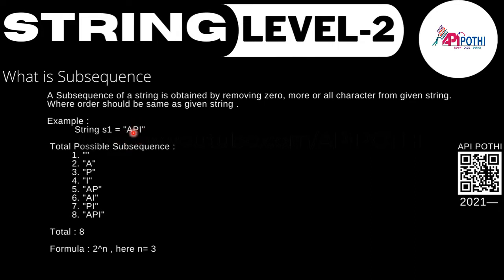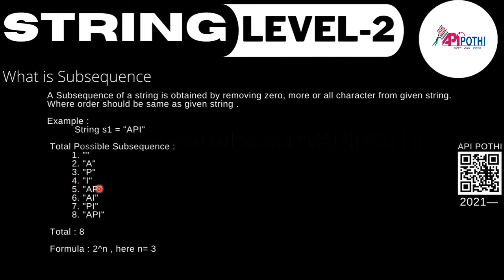Here we have A and P. Suppose that between P and A there was a character and that got deleted, then we could say PA should be a subsequence. But for PA, we don't have any character, right? That's the reason AP is a subsequence.